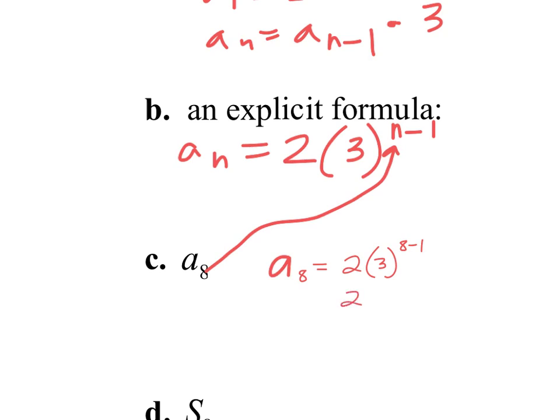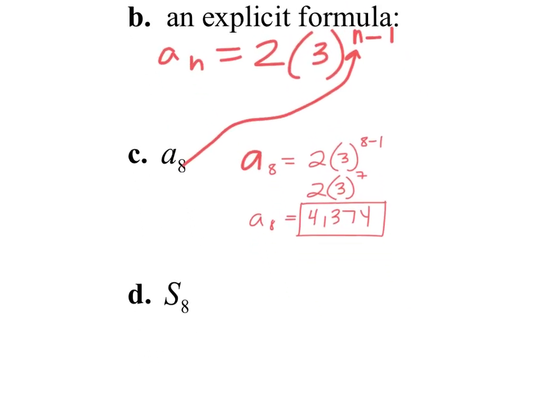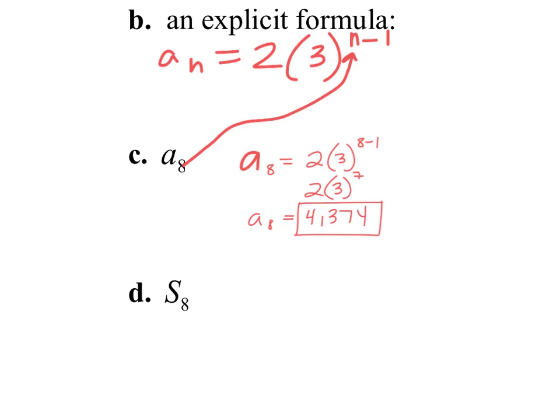So really you're going to plug in 2 times 3 to the 7th power. That is not 6 to the 7th power. That is 3 to the 7th power times 2. Make sure you're not putting parentheses around the whole thing, okay? But if you just plug that in exactly how you see it, you would get that a sub 8, your 8th term, is 4,374.